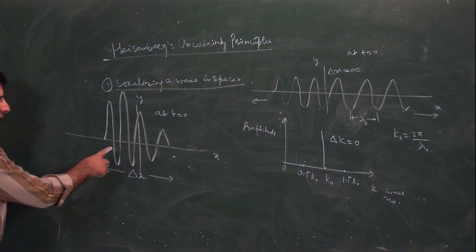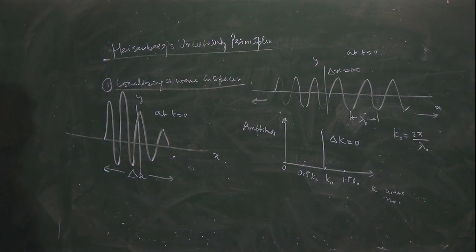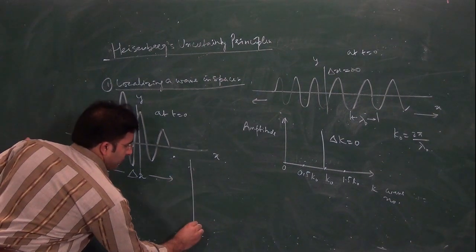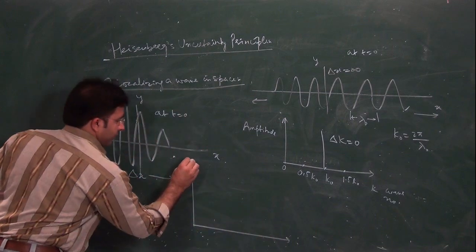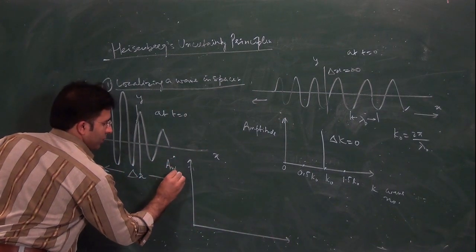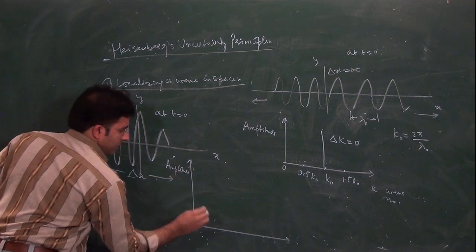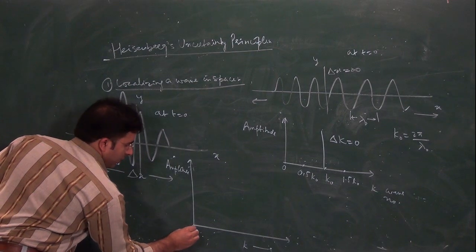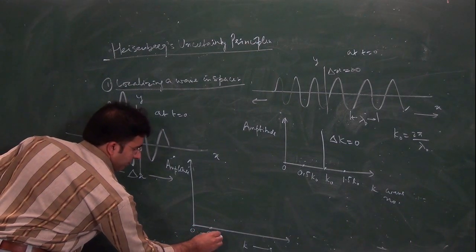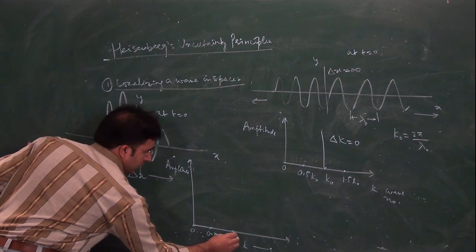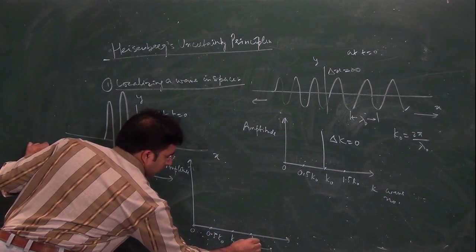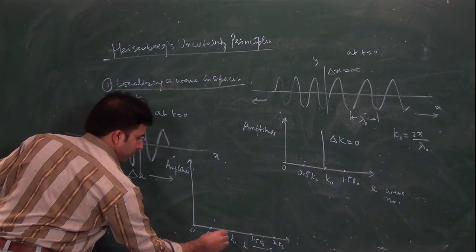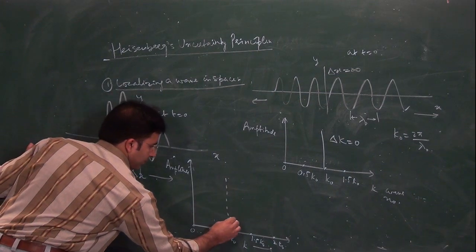But what is bad about this? It is not a pure wave. That means if we show the spectrum of this wave packet, amplitude versus wave number, with 0.5 k naught, k naught, 1.5 k naught, 2 k naught, it is like this.